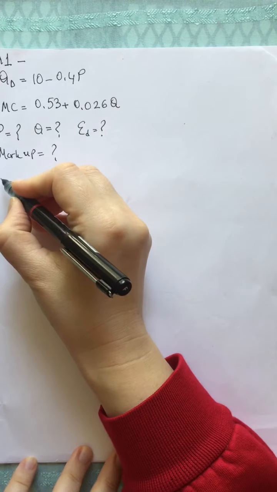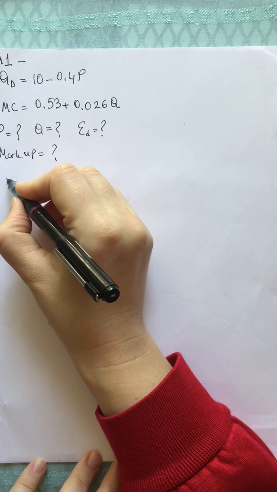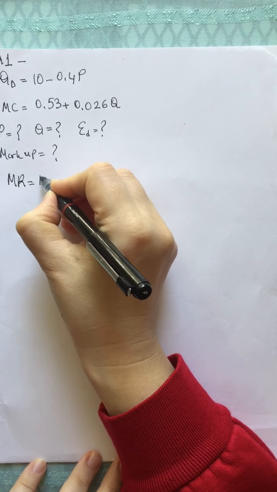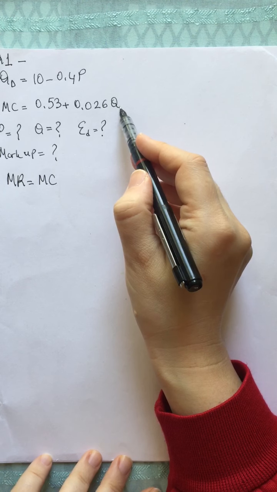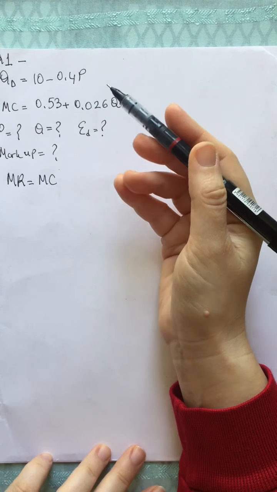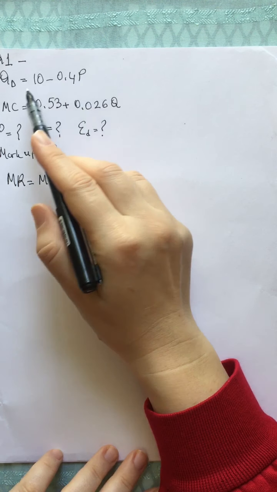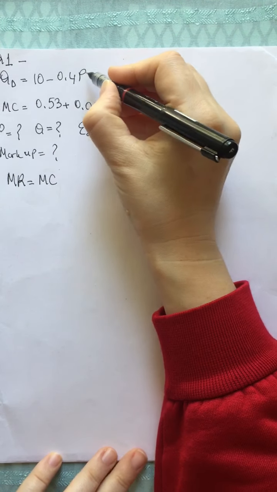Please remember the profit maximization rule for all market types. The general rule of profit maximization is marginal revenue equal to marginal cost. Here we have the marginal cost directly, but we don't know the marginal revenue. So firstly, we need to find the marginal revenue function. Here we have the demand function in the form Q equal to, a normal demand function.